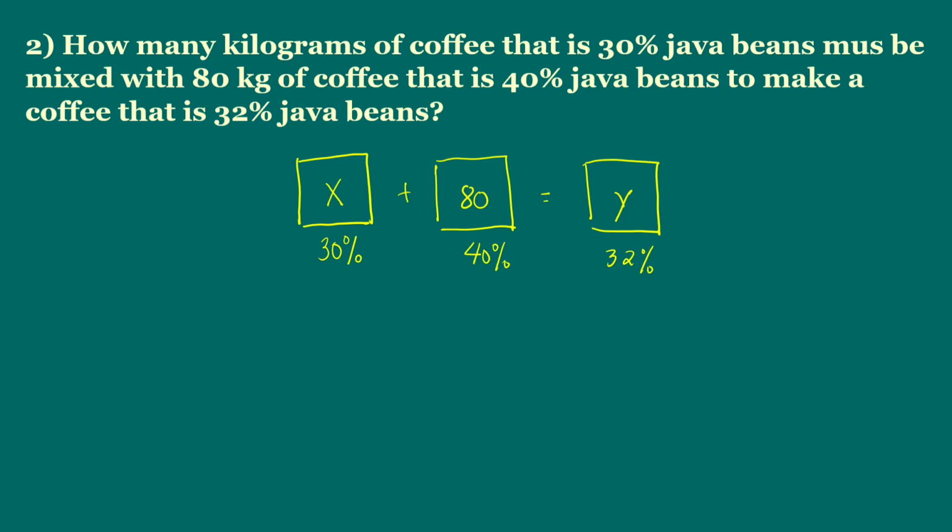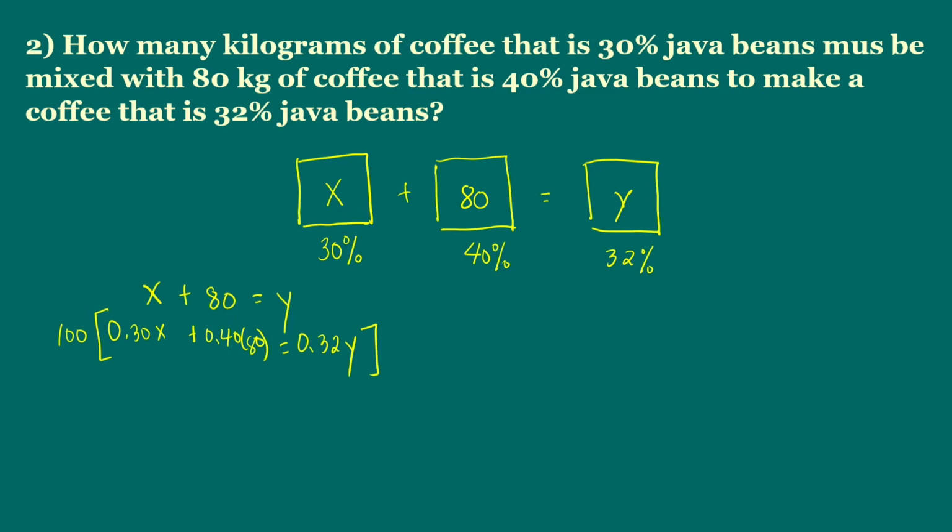So our two equations, the first equation is the mass equation, x plus 80 equals y. And then together with their concentrations, 0.30 times x plus 0.40 times 80 equals 0.32 times y. Right? So that's how we write the equations in mixtures. The mass equation and the concentration equation. So we can actually multiply the second equation by 100 so that we will eliminate the decimals.